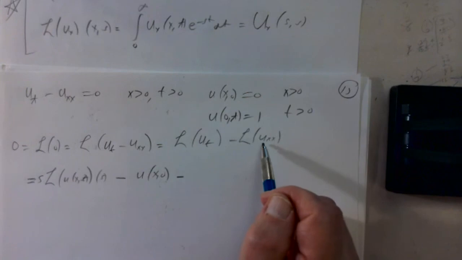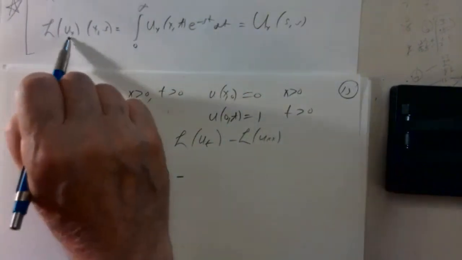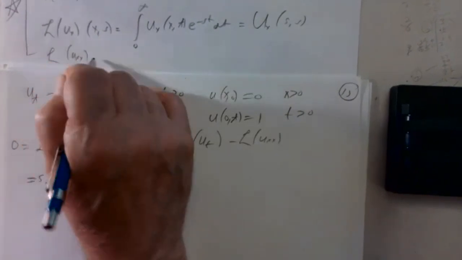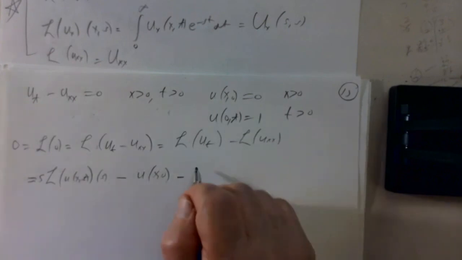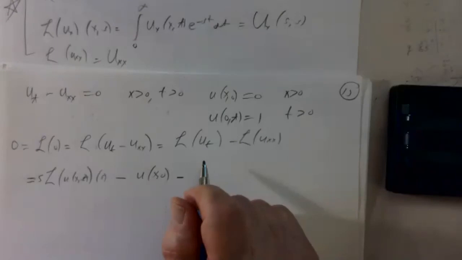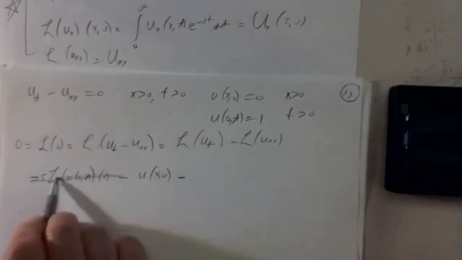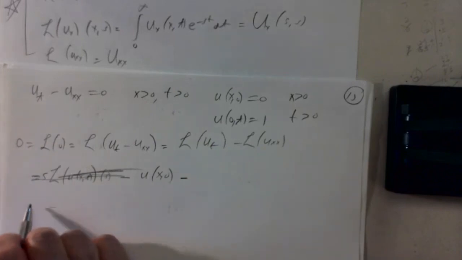Minus, now, L of the second derivative is just the second derivative. Let me use my notation capital U because it's better.